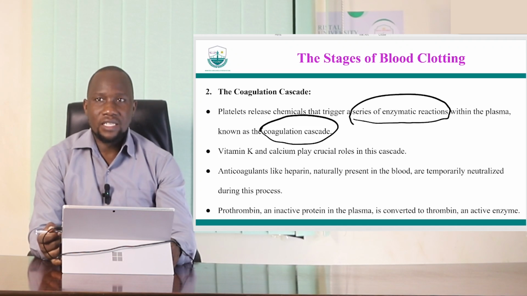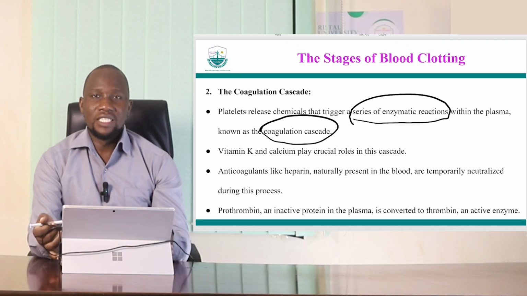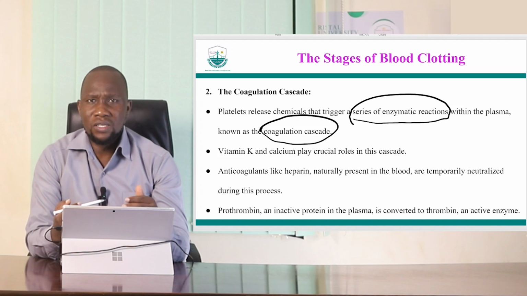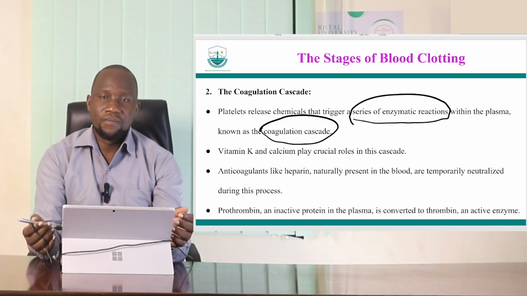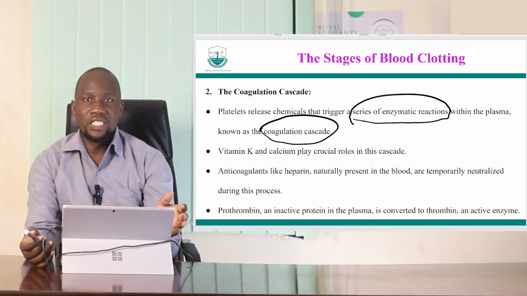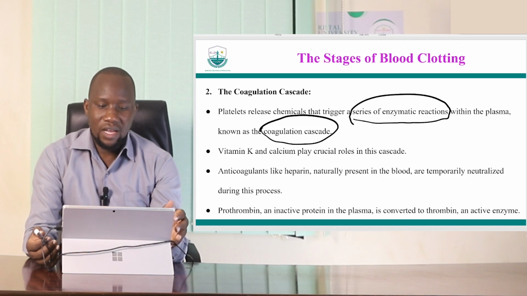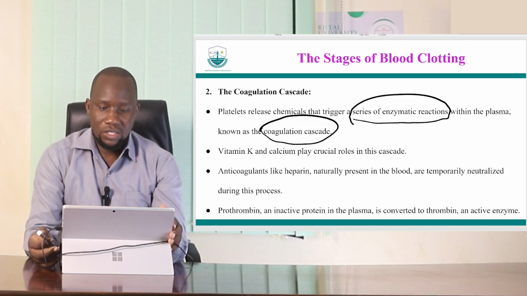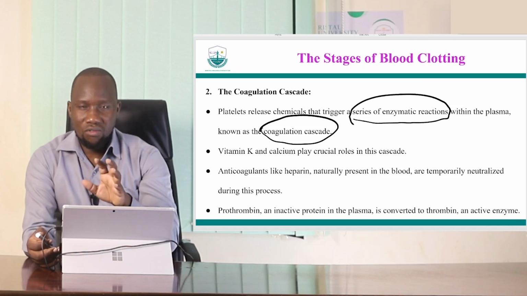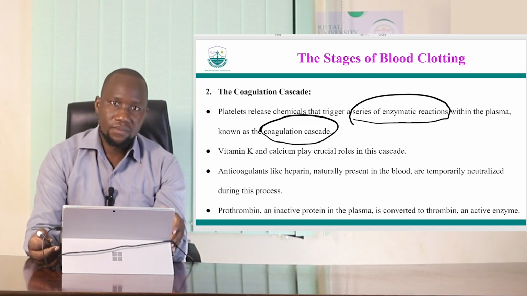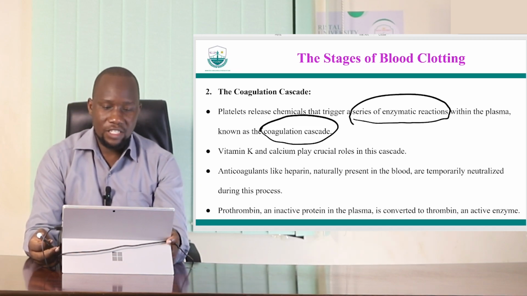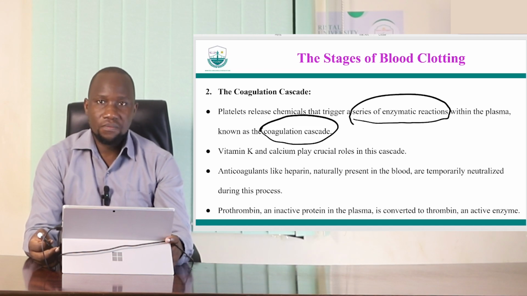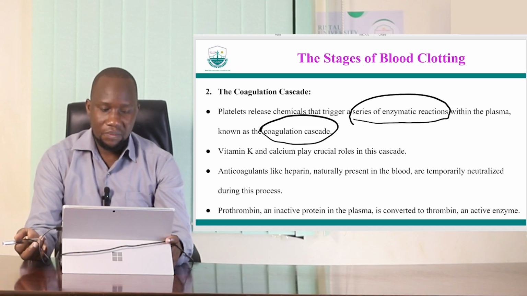And it means that when this coagulation happens, it should not happen endlessly. Okay, there should be a stop to it, and that is where heparin comes in, and at that point of coagulation, it is temporarily inactivated or neutralized, so that the coagulation can happen.